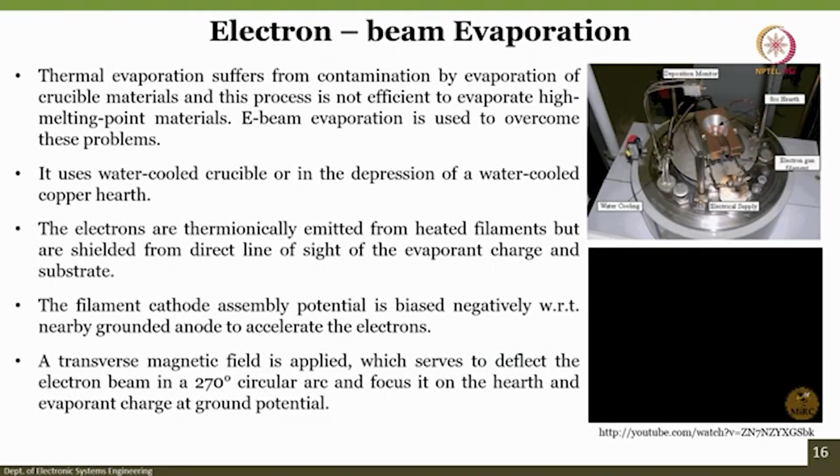So, this is a region where you can have your crucible, the electrical supply, electron filament gun, wafer cooling, and deposition monitor. You can see the quartz crystal monitor, the deposition monitor. Generally, QCMs are present within the chamber so as to measure the deposition rate.